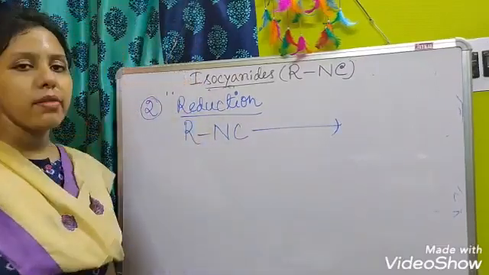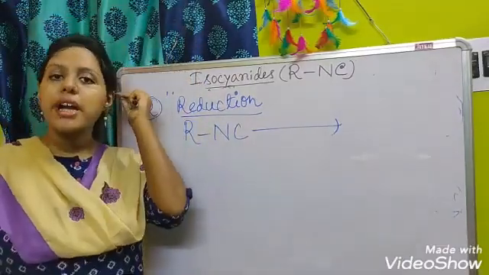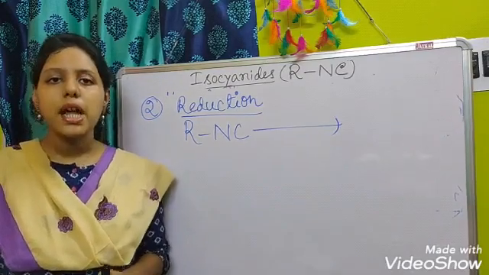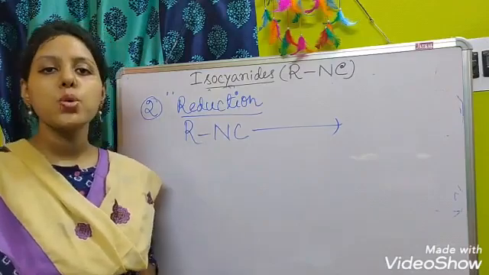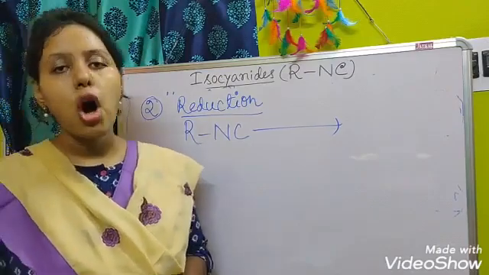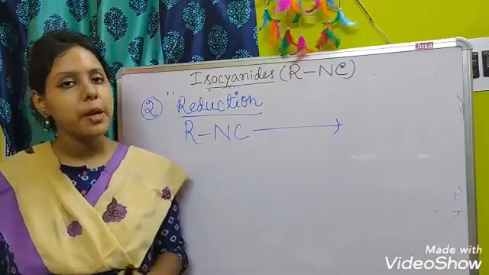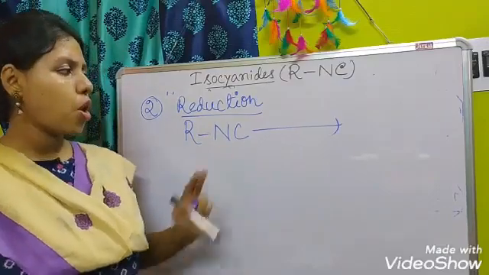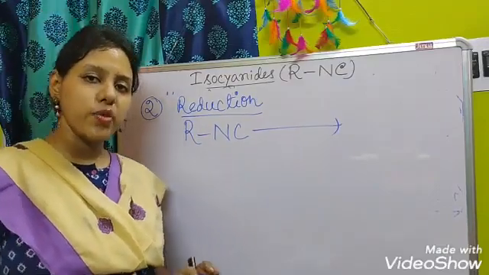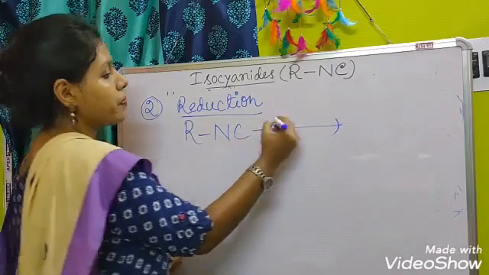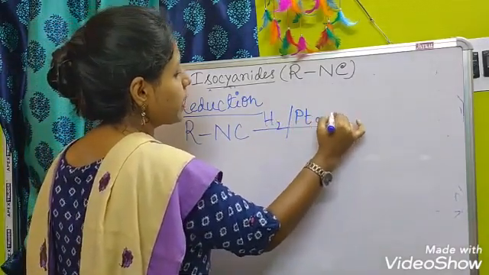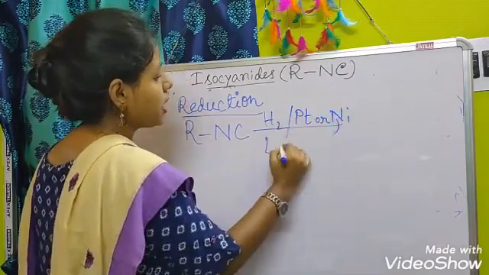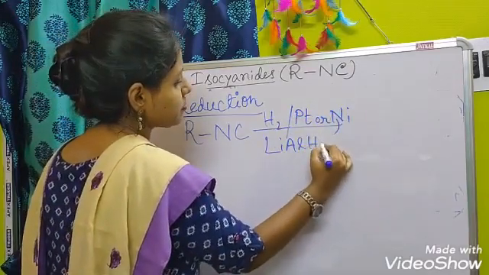Already we have learned that we can use different types of reducing agents, like hydrogen in presence of nickel or platinum, lithium aluminum hydride, or sodium in presence of ethanol. So any type of reducing agent we can use here: H2 in presence of platinum or nickel, or lithium aluminum hydride.